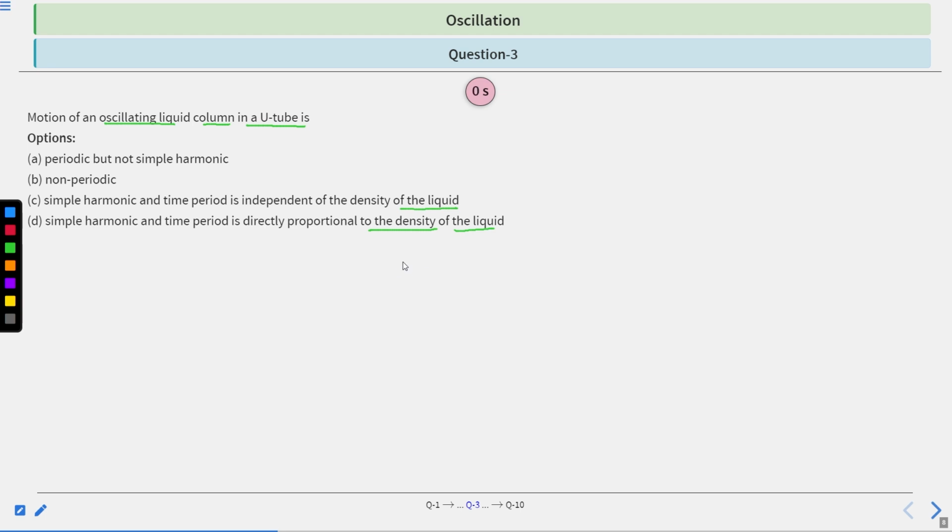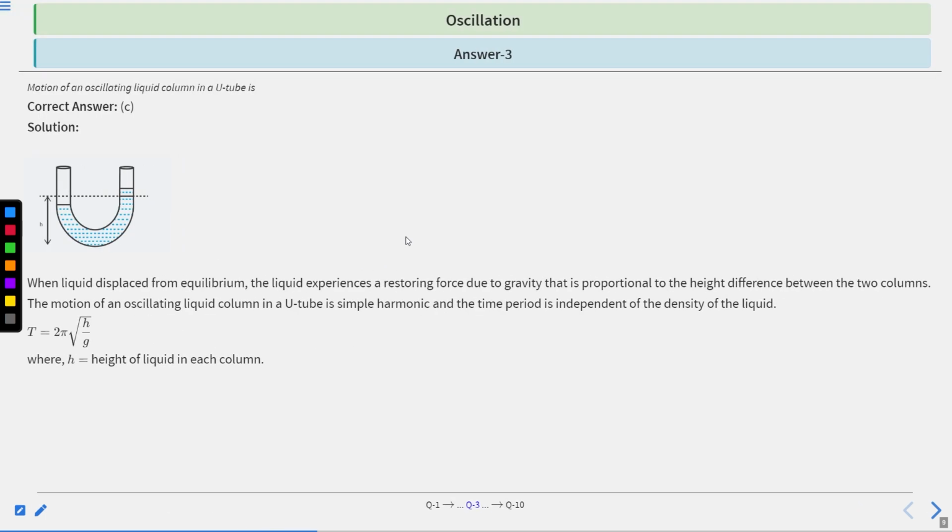Let's find a solution. Suppose this is a U tube, and a liquid is filled in it.